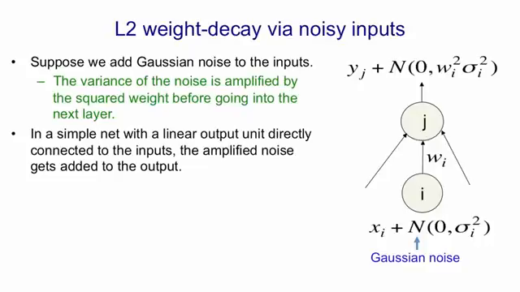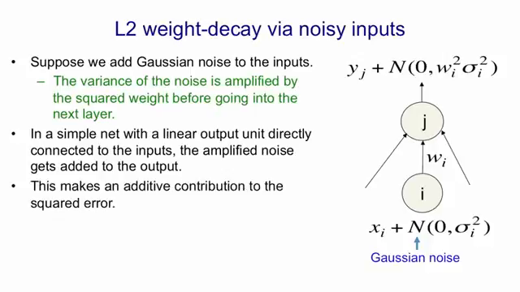So if you look at the diagram, we put in an input xi with additional Gaussian noise that's sampled from a Gaussian with zero mean and variance sigma i squared. That additional noise has its variance multiplied by the squared weight. It then goes through the linear output unit j, and so what comes out of j is the yj that would have come out before, plus Gaussian noise that has zero mean and has variance wi squared sigma i squared.